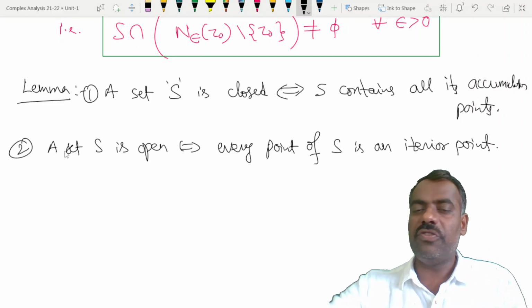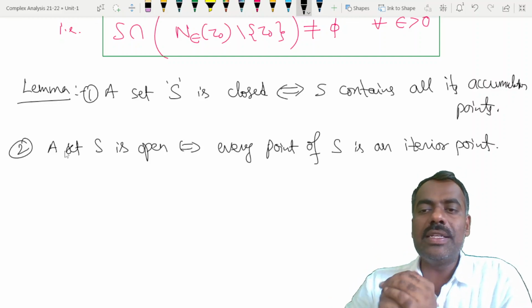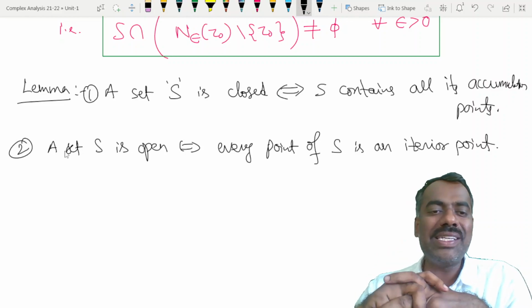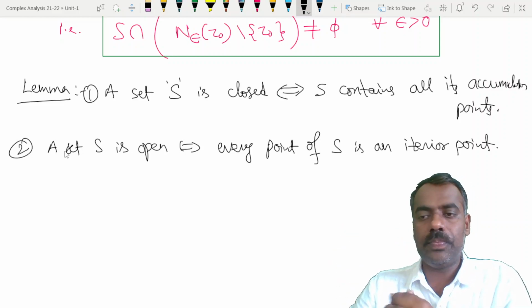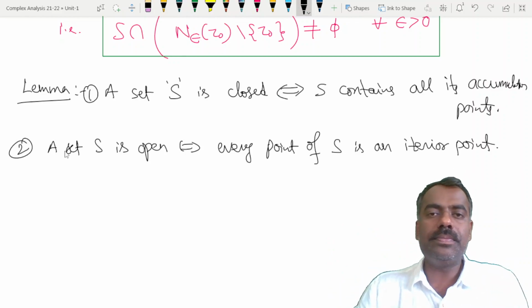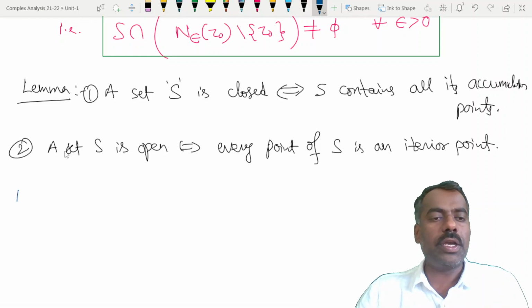So you can define a closed set in terms of accumulation points and an open set in terms of interior points. Is the statement clear? The proofs are not at all difficult.